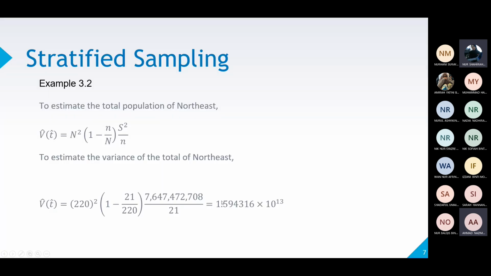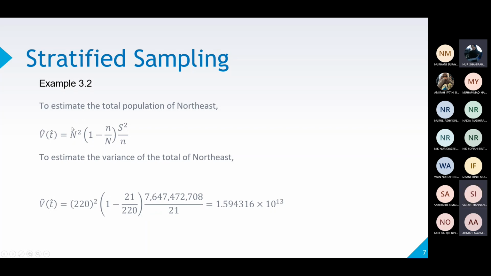Now, you can also calculate the variance. This is not to estimate the total population; the estimation of the total population was shown in the previous slide. So you can calculate the estimated variance of the total for the northeast by using this equation. You already have all the values needed here.